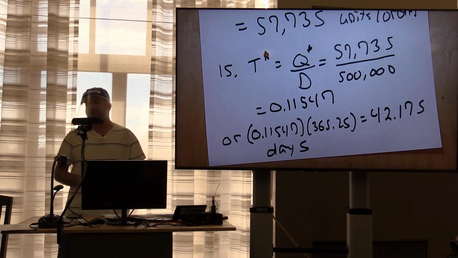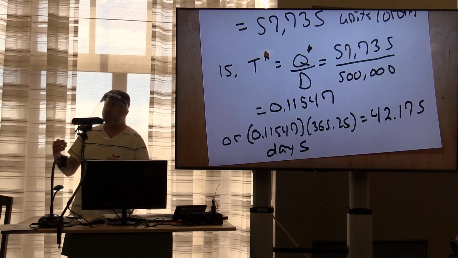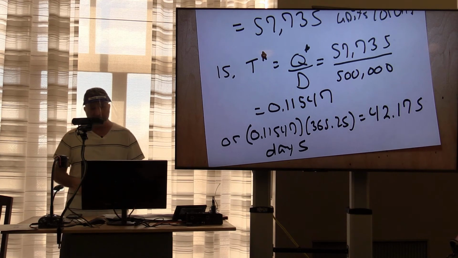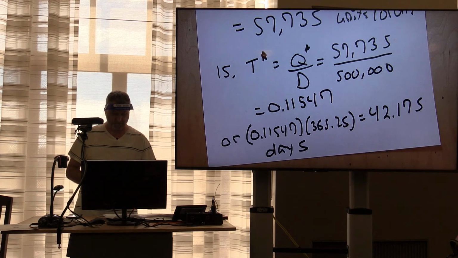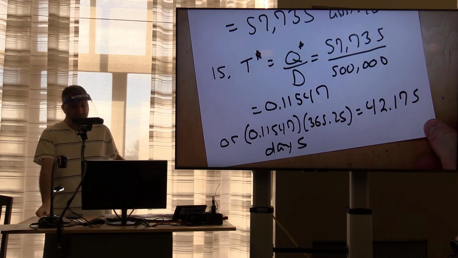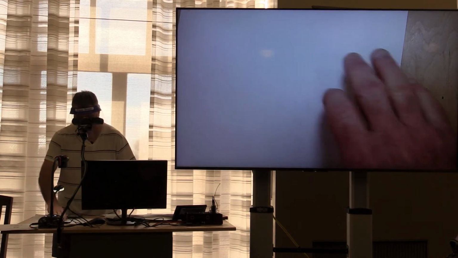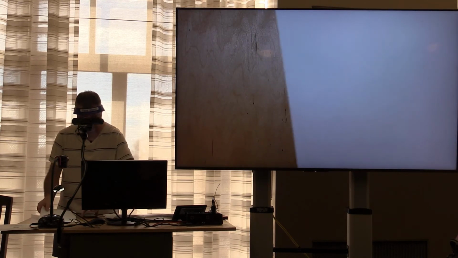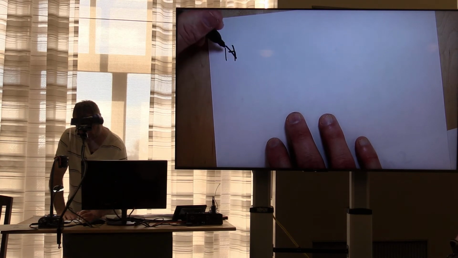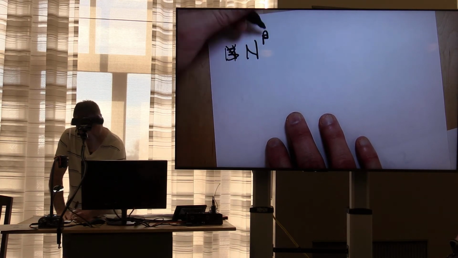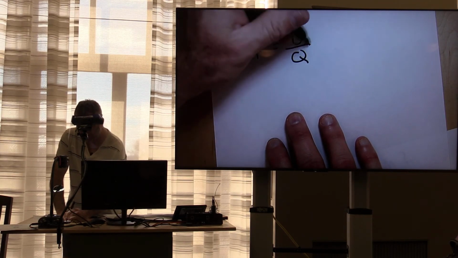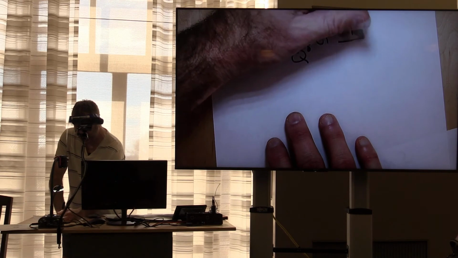If there is a lead time, we have to say, let's order enough in advance so that the new Q star comes back after 42 days. How many orders will we place per year? We said that could be calculated as D divided by Q star, or 1 divided by T star.